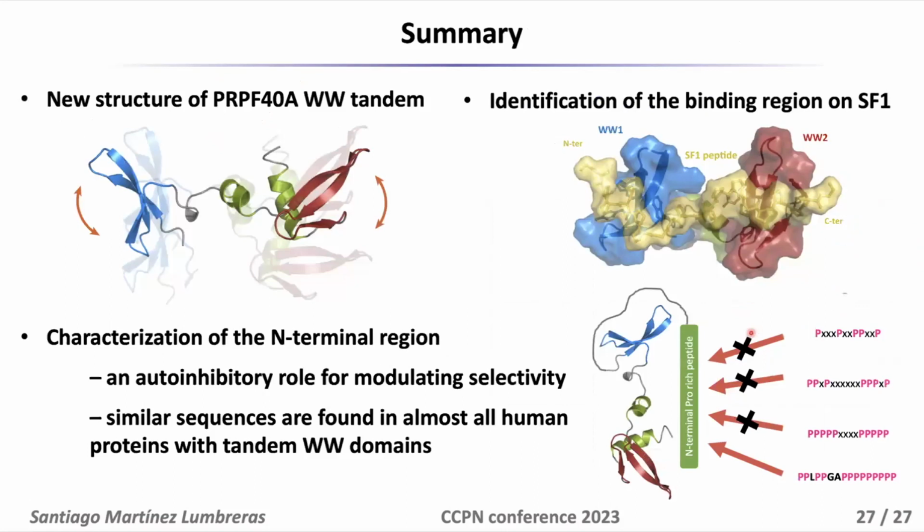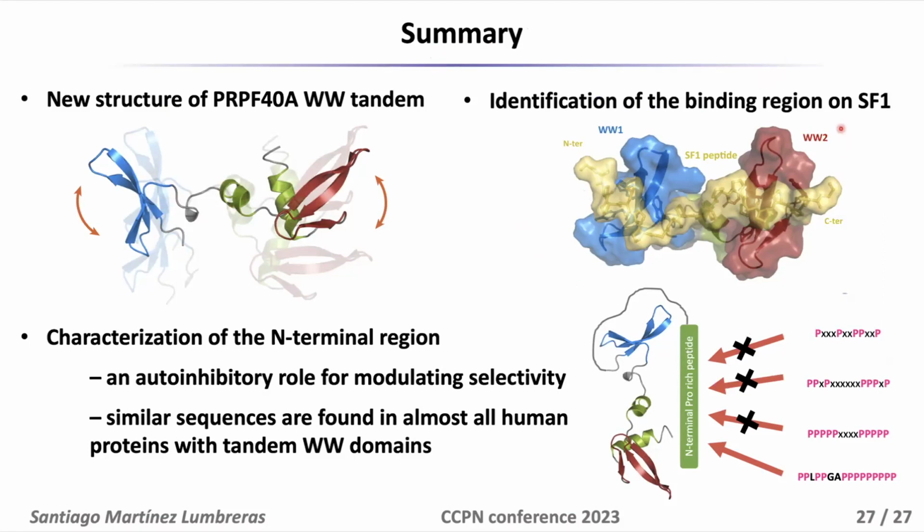So with this, I finish the summary. We've studied the tandem of WW domains of PRP40, the structure and the dynamics. There was a previous structure that was shown, but it was prematurely truncated, and, well, I didn't talk about that, but we confirmed that this is the right one, taking into account the dynamics.